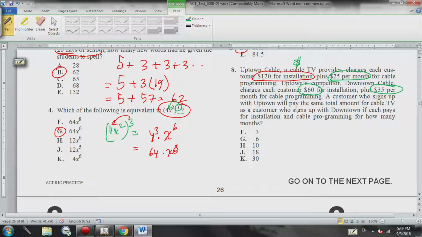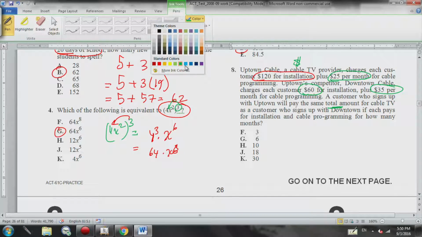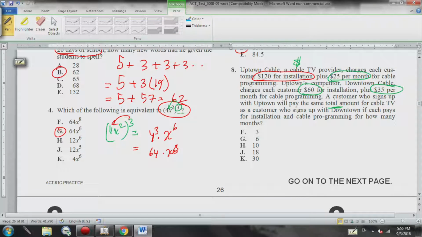A customer who signs up with Uptown will pay the same total for cable TV as a customer who signs up for Downtown if each pays for installation and cable programming for how many months. If you pay attention to algebra, which I'm sure you understand, this is one of those questions that we've done before. And this is what's happening.